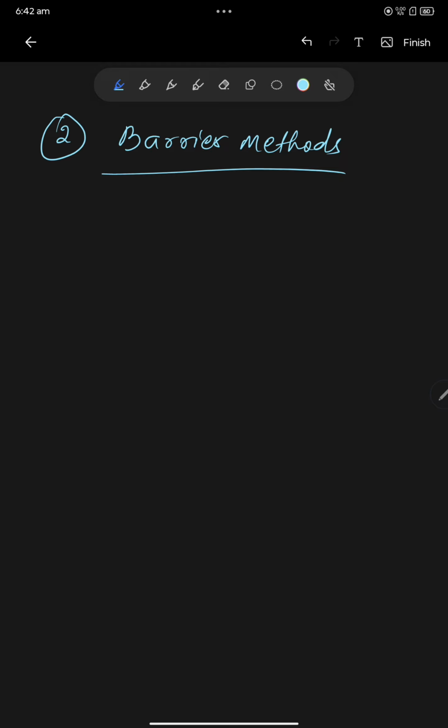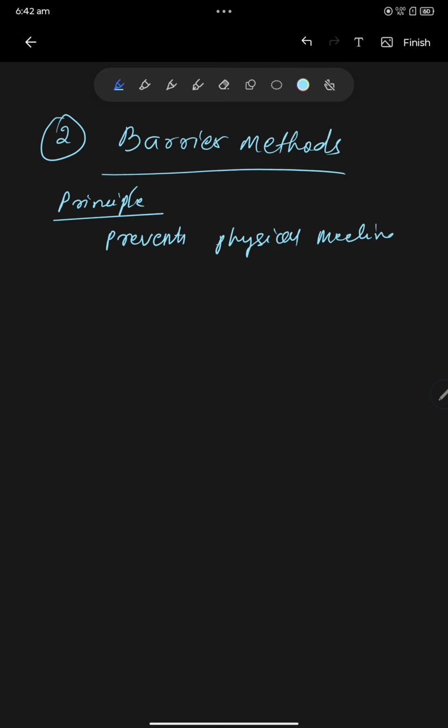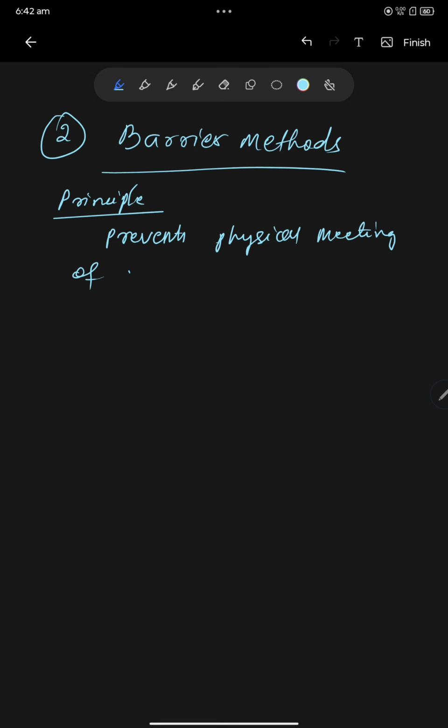So now the next method is the barrier method. It works on the principle that it prevents the physical meeting of sperm and ovum.